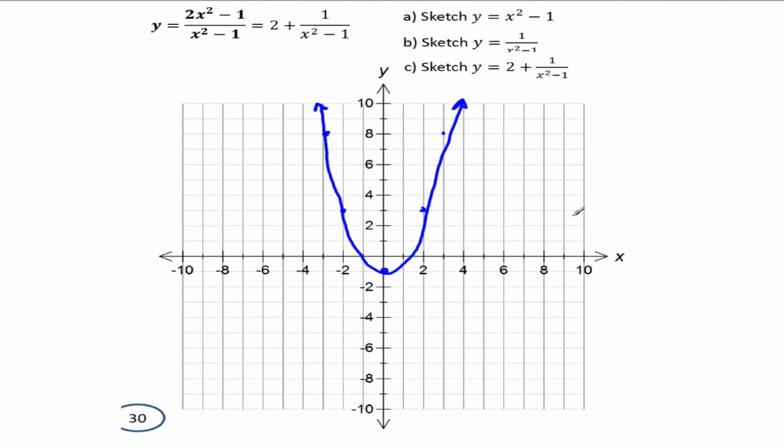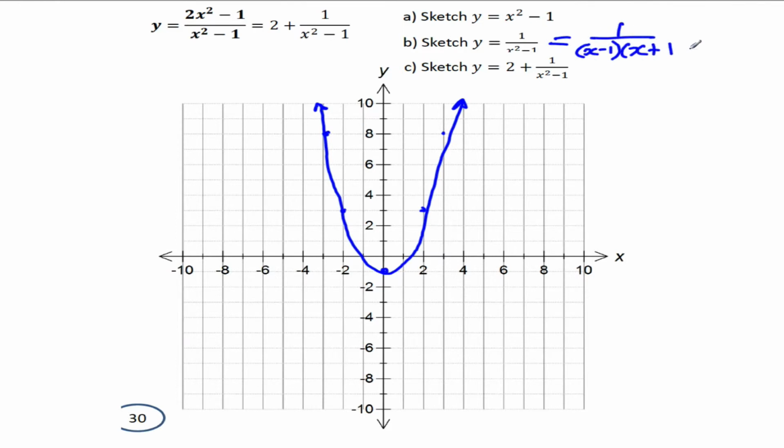Okay, next thing we're going to do is sketch 1 on x squared minus 1. Well, what happens? We actually looked at this a couple of pages ago. It's a reciprocal function. So we said that the zeros of the function, so page 27, are vertical asymptotes. So that's the same as 1 over, what's the difference of 2 squares, (x minus 1)(x plus 1).